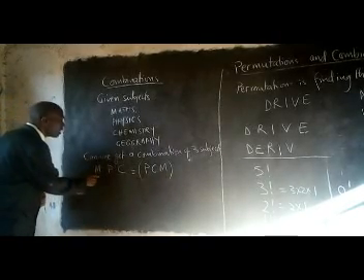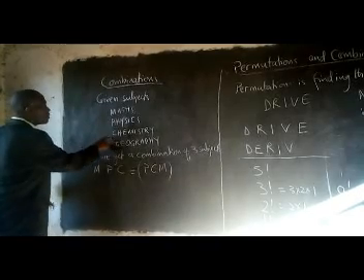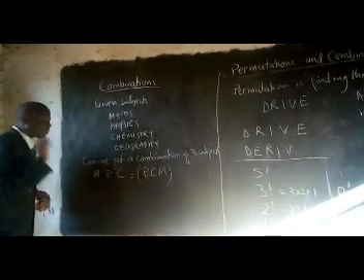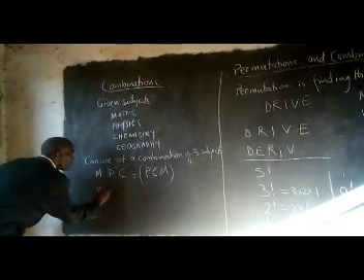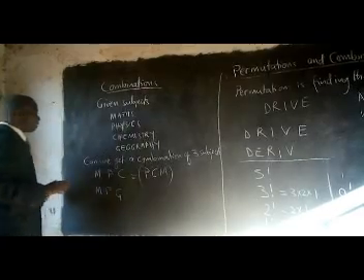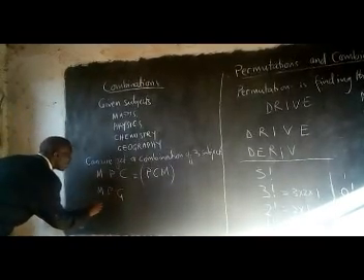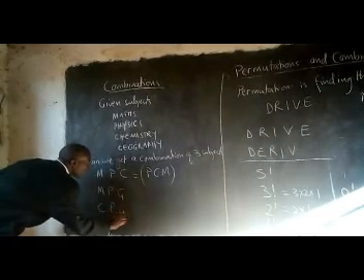So, a combination from the 4 subjects, we can choose 3, and another one can choose math, physics, geography, MPG. Another one can choose chemistry, physics, and geography.